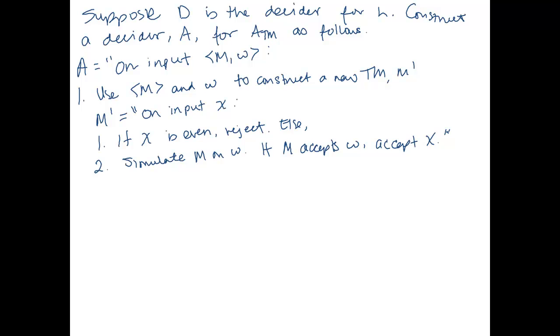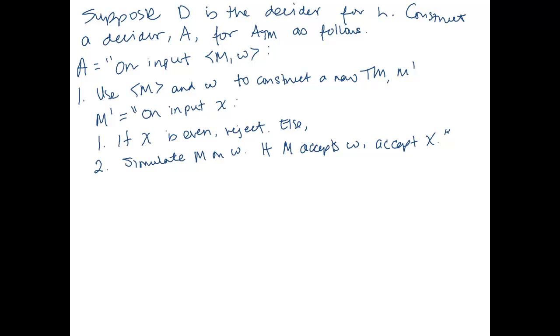If M does not accept W, M prime accepts nothing. Notice we don't explicitly say that we reject, because M could run forever on W. So M prime itself is a recognizer, not a decider, but that's okay because we're never actually going to run M prime. We're going to feed its description to D, the decider for L.